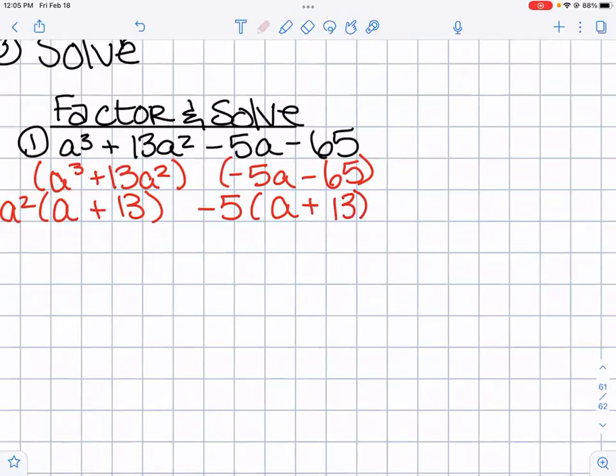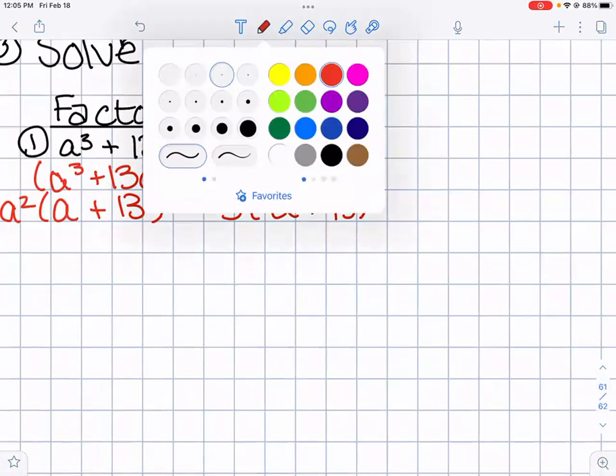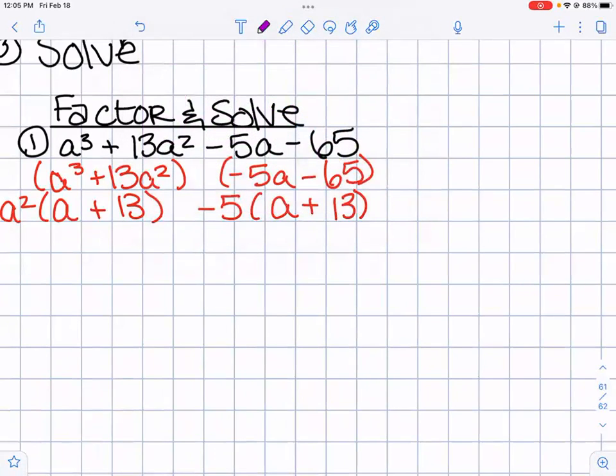Okay, then it works out because our binomials are the same. So what's one factor? A plus 13. What's the other? A squared minus 5.